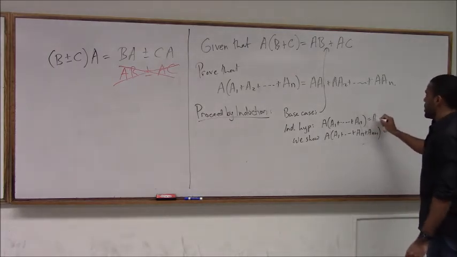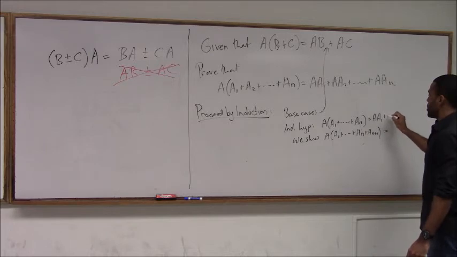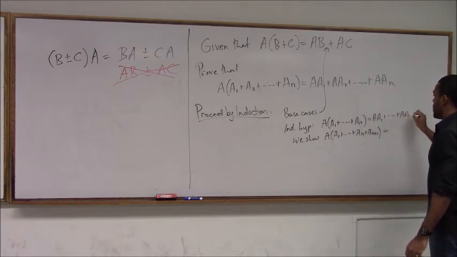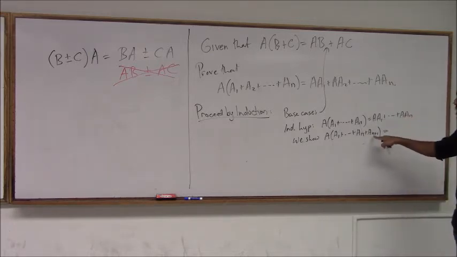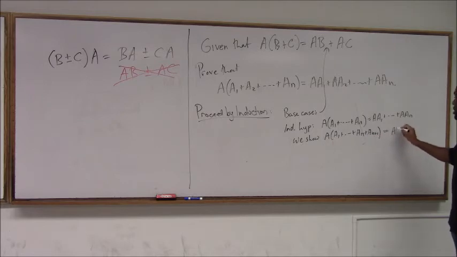So this is equal to a1 plus da da da, an. We show that if I put in an extra guy in there, the formula will extend to cover that guy.